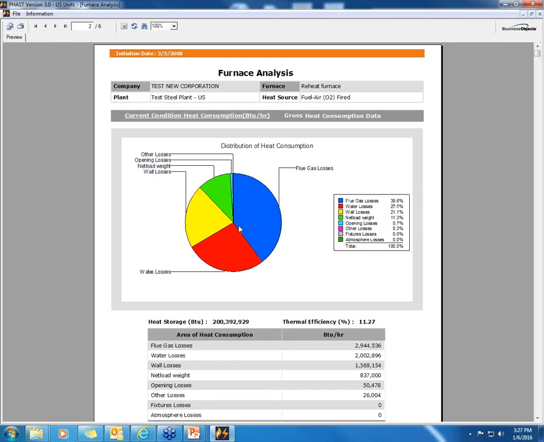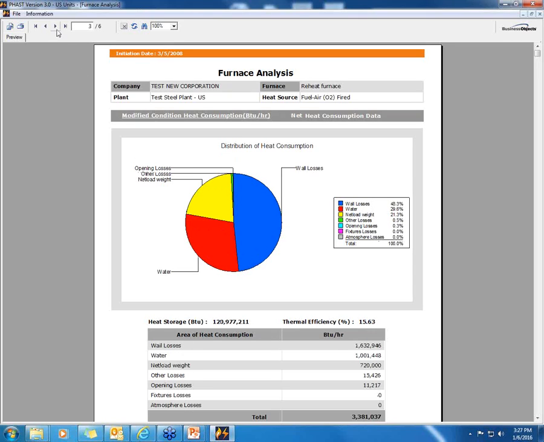If you click next, this is the current condition heat consumption, the gross heat consumption data. It shows that for this reheat furnace, almost 40% of heat energy is lost in the form of flue gases. Then 27% is water losses and wall losses. So different types of losses are shown here.